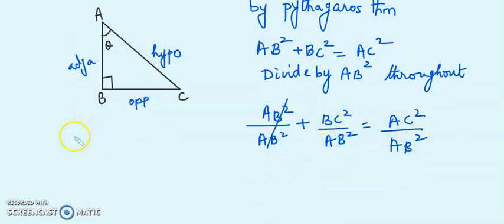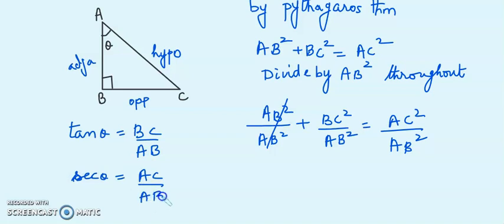Tan theta is BC upon AB, and sec theta is AC upon AB, hypotenuse upon adjacent. So this is 1.